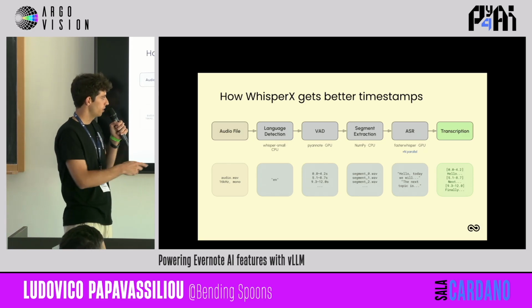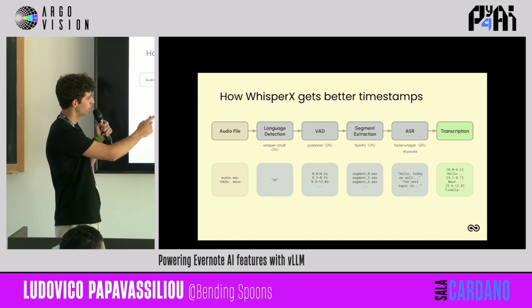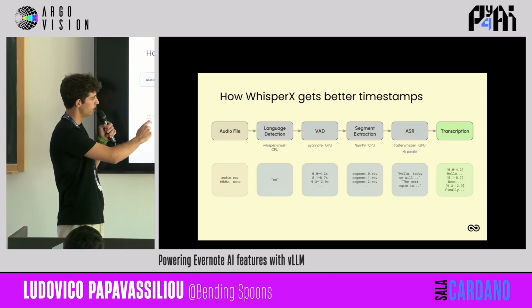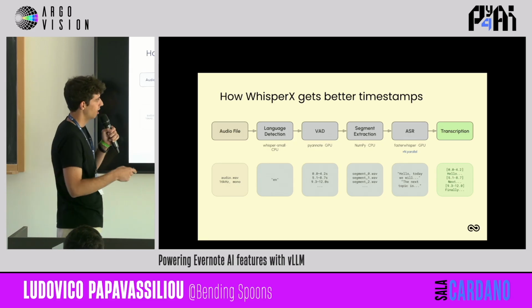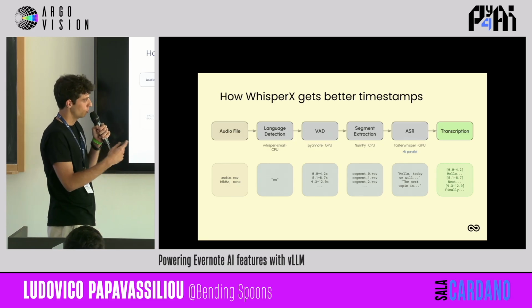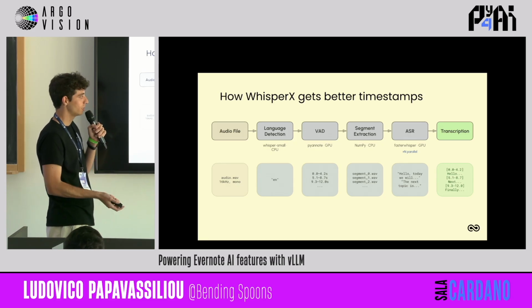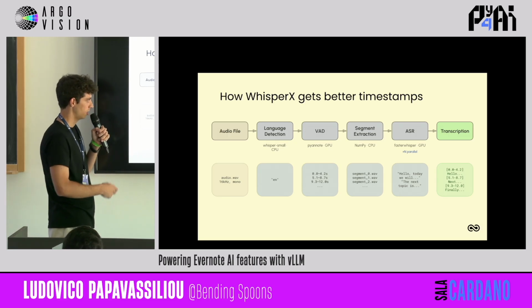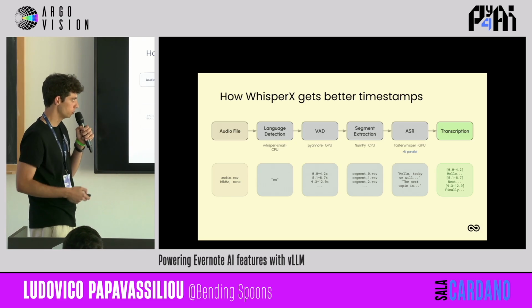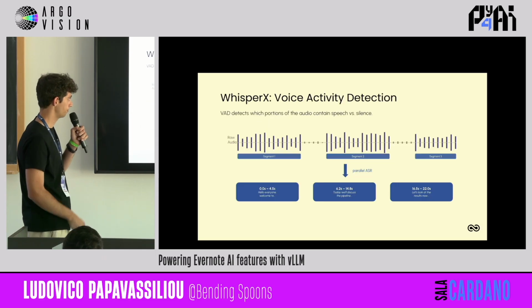Then WhisperX does a very smart thing, which is to take these voice segments and send them to Whisper all together in a batch, essentially filling the memory. And this way, you can unlock parallelism on a single audio file. And then, of course, you have everything to produce the transcript.